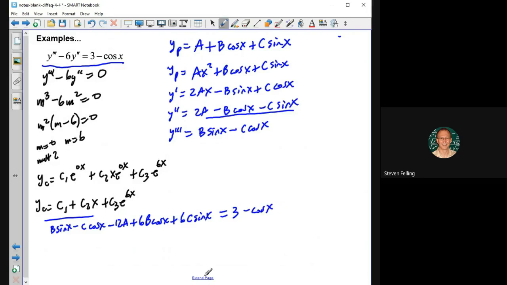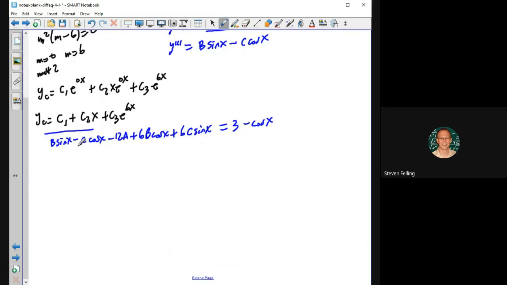All right. So let's see, we have a constant term, which is negative 12a. That's this. And then I have a sine term here, so I have b plus 6c sine x. And then I have a negative c plus 6b cosine x term. And that has to equal 3 minus cosine x.